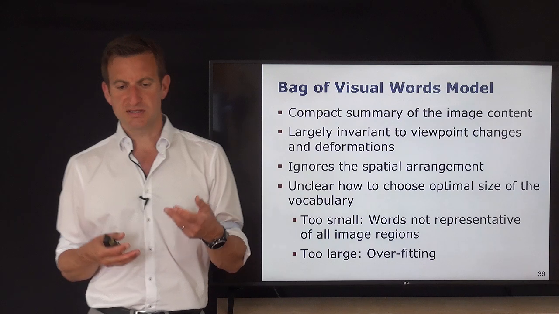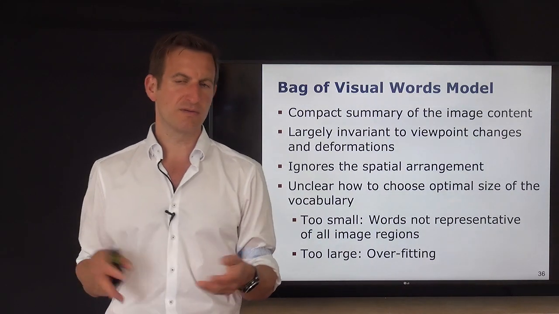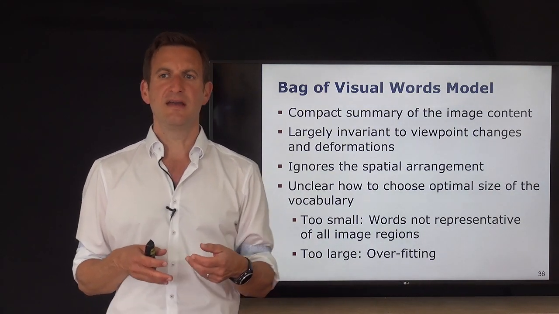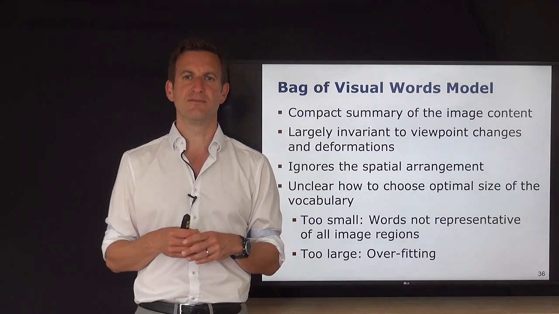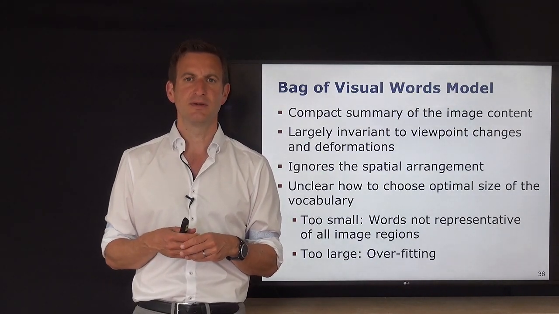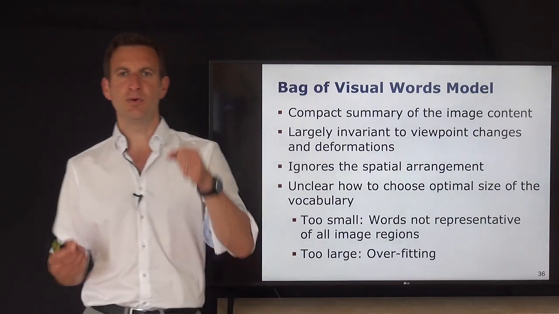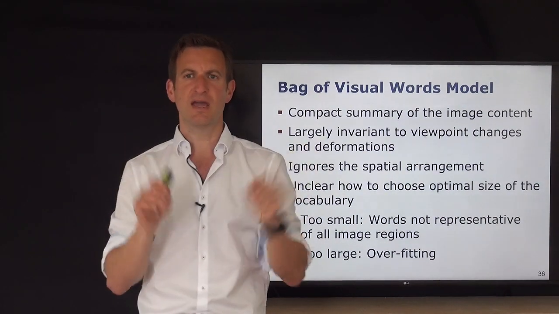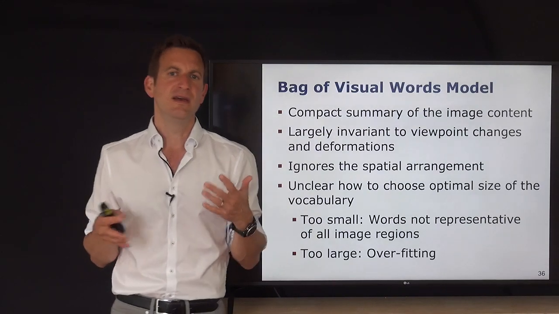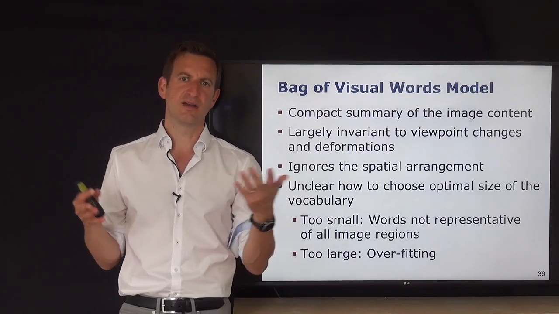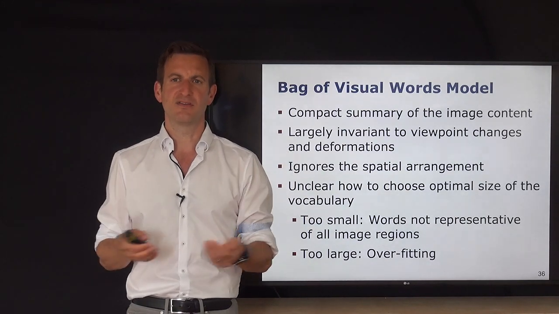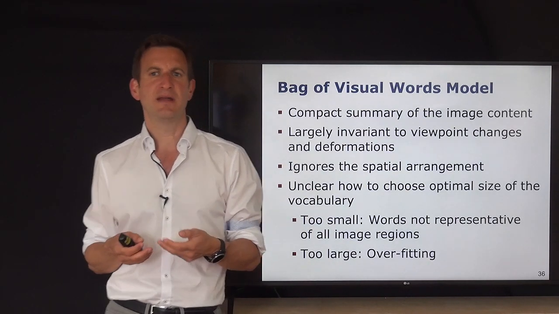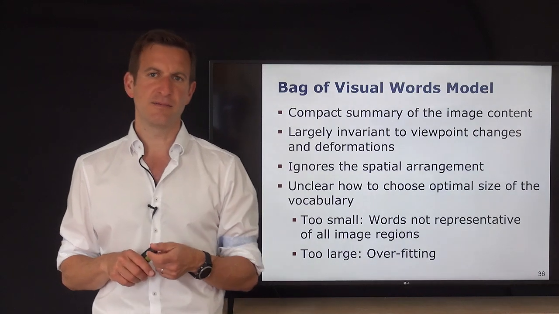The second thing which is relevant, and this is especially important if you think about place recognition tasks, is that the spatial arrangement of the visual words in the image doesn't matter. So that means even if you change your viewpoint or you rotate your camera or shift your camera, you will basically get the same result as long as you still see the same object in the scene or a very similar one. So you're largely independent of the viewpoint changes and the deformations.